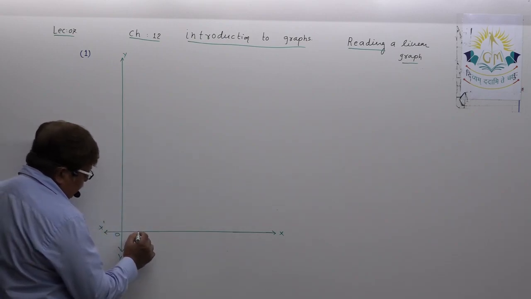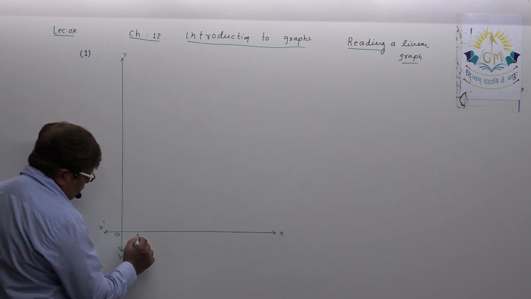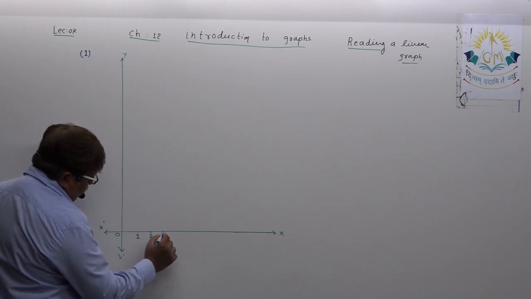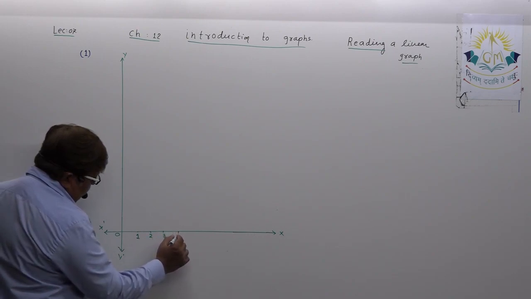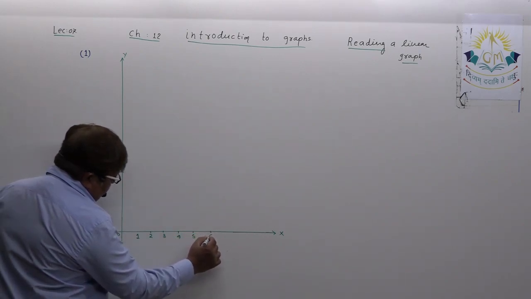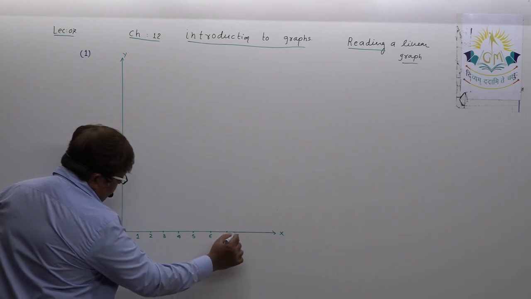Okay, so first let us represent the coordinates 1, 2, positive x coordinates obviously, 5, 6, 7, 8.